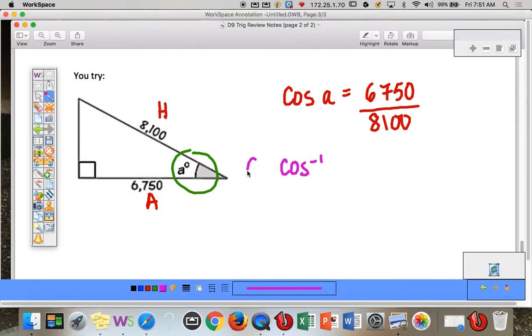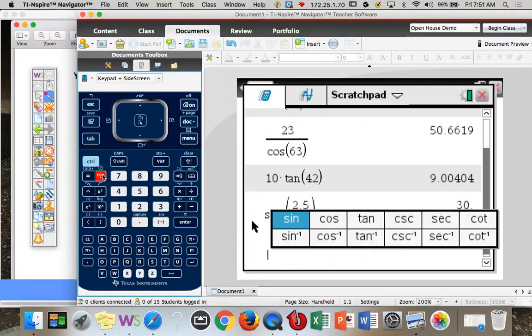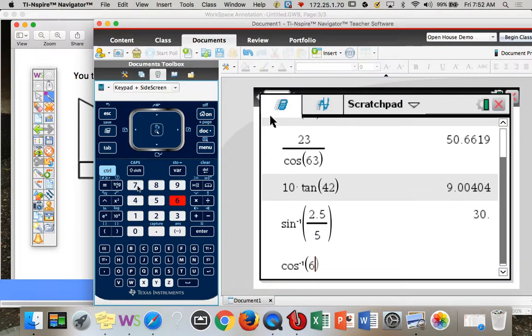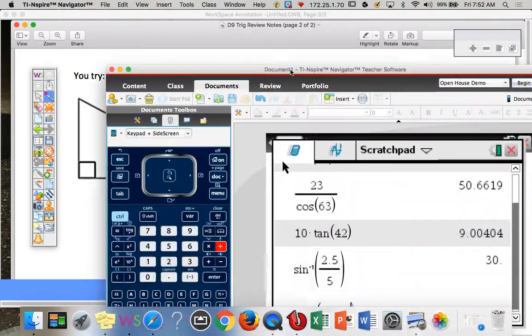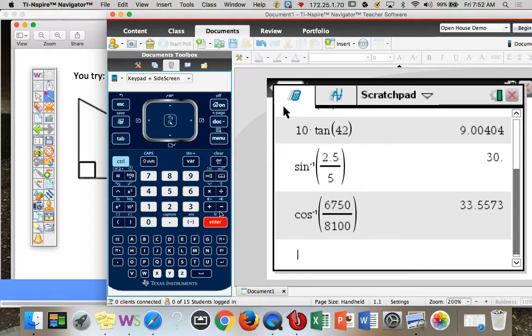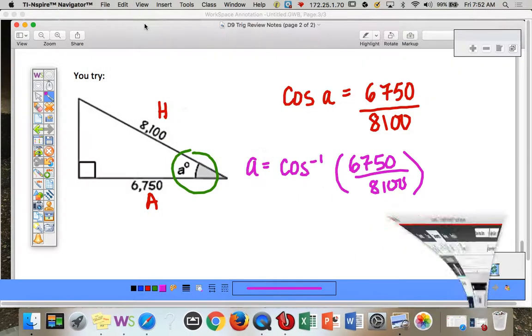So A equals cosine inverse of our fraction 6750 over 8100, and we type that in: cosine inverse of 6750 divided by 8100. Our angle is about 33.6 degrees if we round to the nearest tenth.